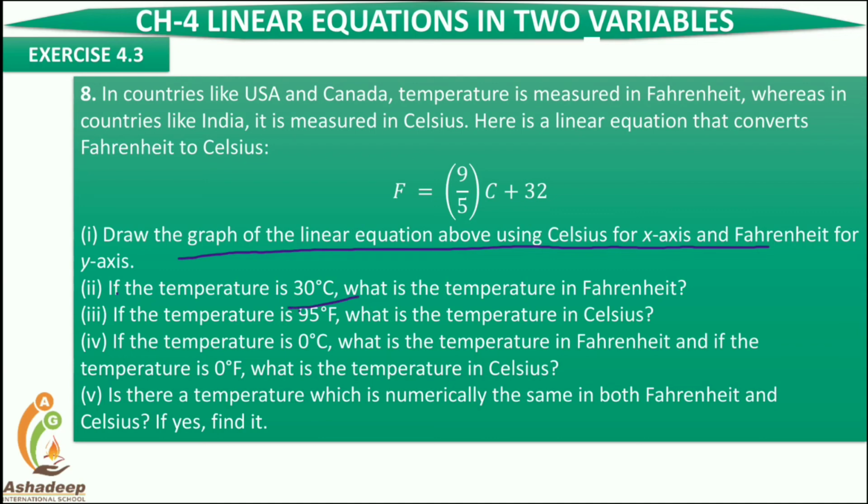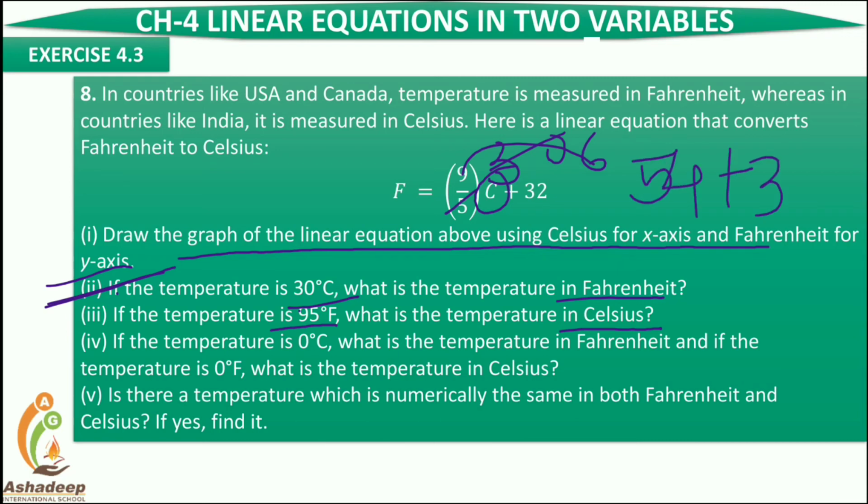If the temperature is 30 degrees, we need to find out the Fahrenheit. If the Fahrenheit is 95, we need to find out the centigrade. It is easy. Instead of C, put 30. So 6 5s are 30. Now 6 9s are 54. 54 plus 32 is our answer, right?